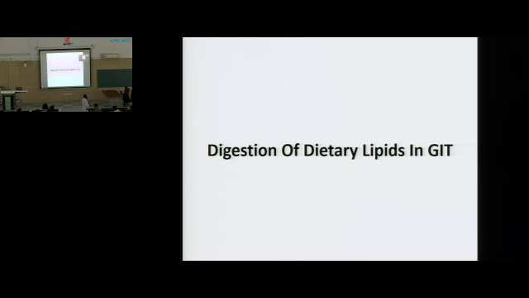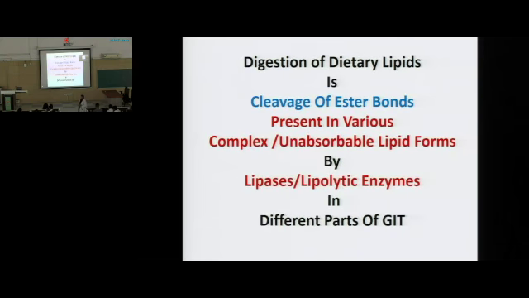So lipid digestion is going to occur in the various parts of the GI, starting right from the mouth. You know lipids have the ester linkage. In carbohydrate this bond is glycoside, in protein it is peptide. So protein digestion was breaking the peptide bond, carbohydrate digestion is breaking the glycoside bond, and lipid digestion is breaking the ester bond. So simple.